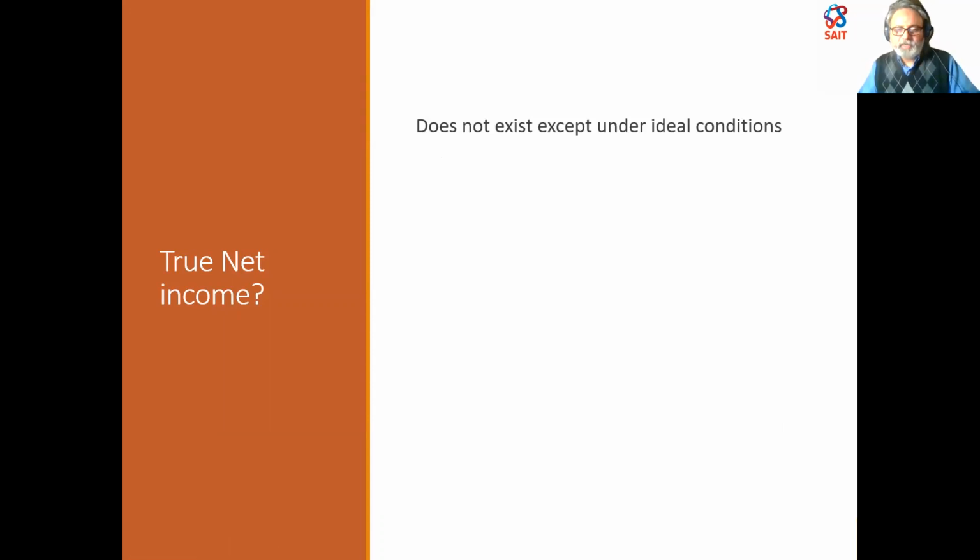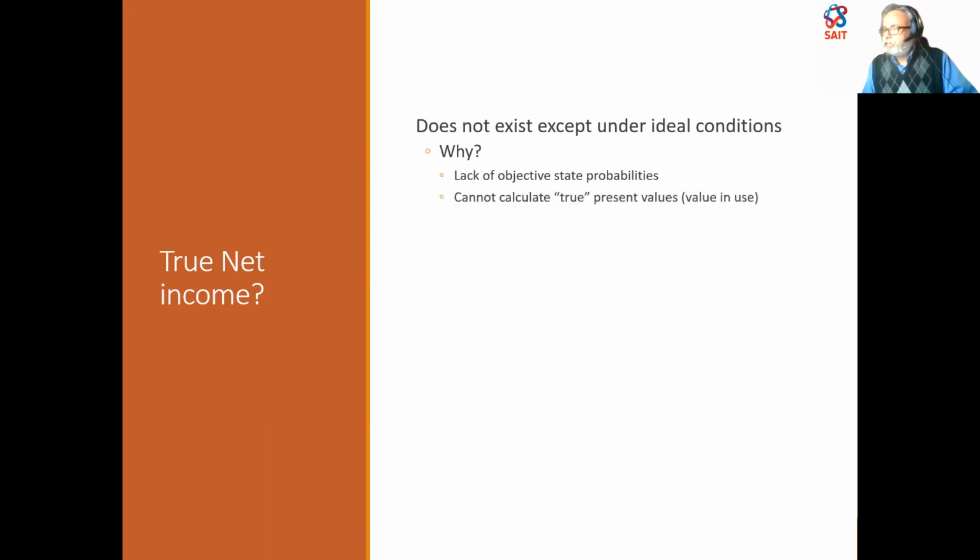And the reason behind that is that in reality, we do not have state probabilities that are objective, that are not dependent on an individual's gut feel. And we are therefore not able to calculate true present value. So if you consider how a company comes up with a value in use, you might remember the term value in use for impairment tests.